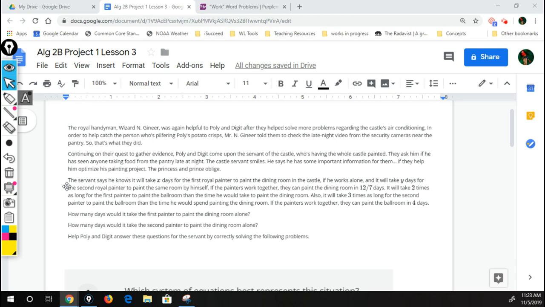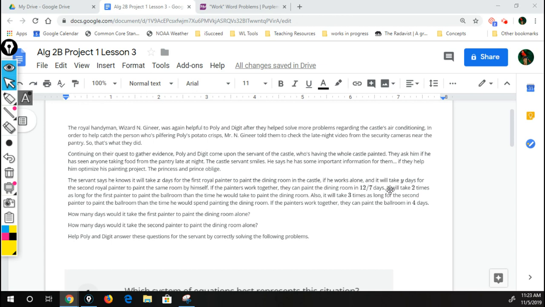So to break that down, we're painting a dining room and we have a possibility of two painters working together. We have X days for one and Y days for another, but we know if they work together, they can paint that in 12/7 days. So keeping in mind, we just have some information regarding the dining room.